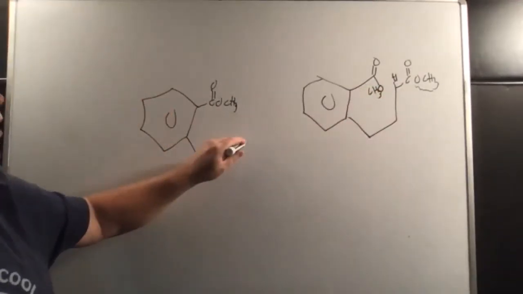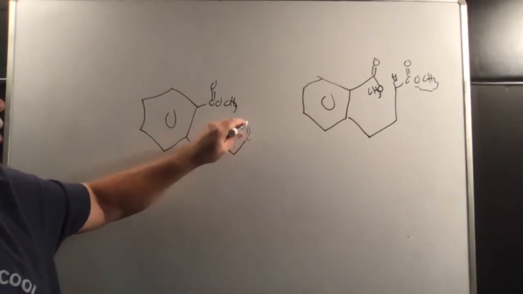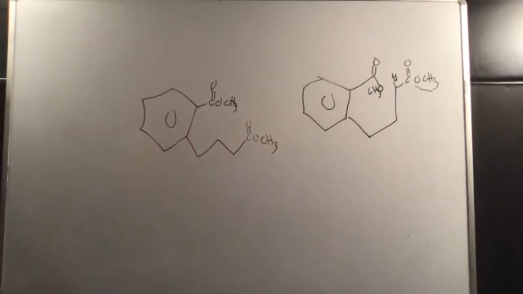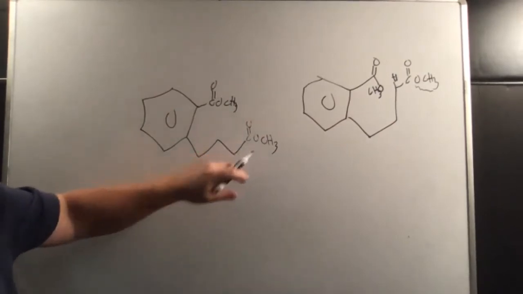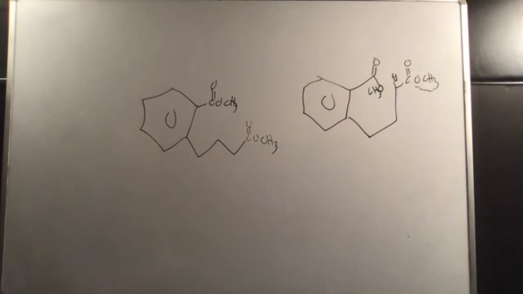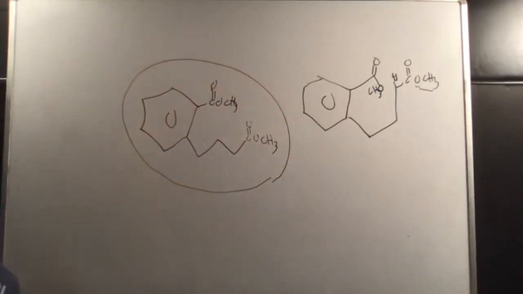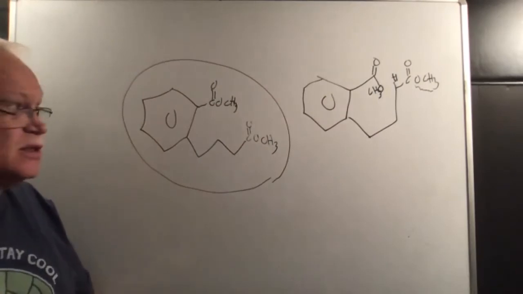And then off of that carbon, I have an ester group. And you can draw this as a line angle like I did here, or you can draw it showing the CH2, CH2, CH2 groups.